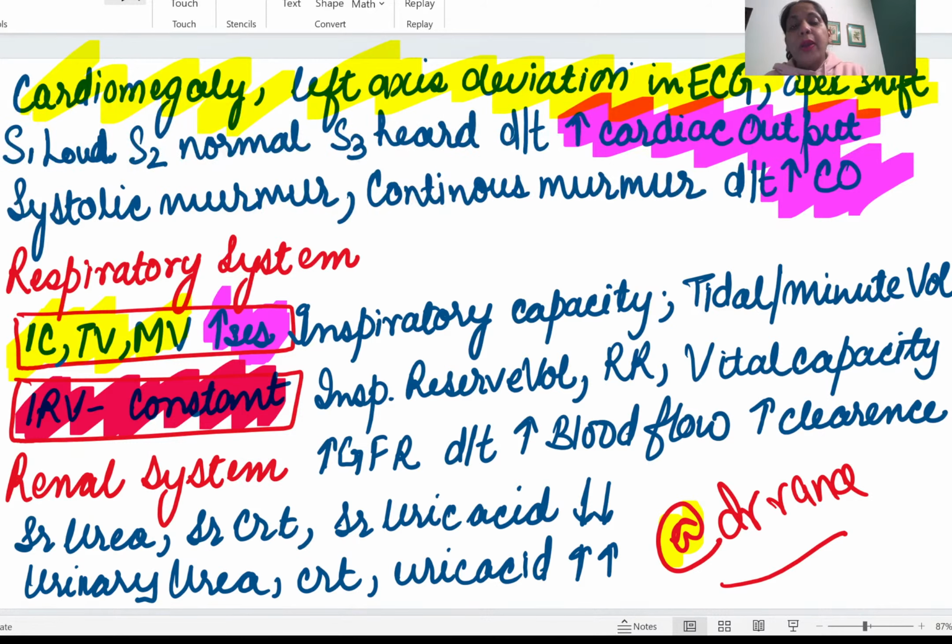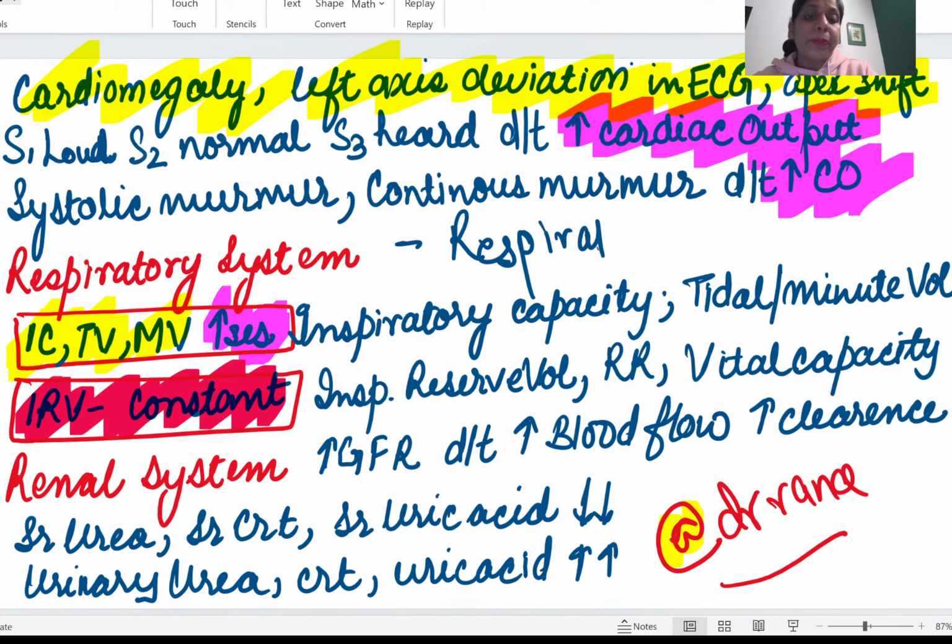The reason behind all these changes is that progesterone stimulates the respiratory center, and as a result there is respiratory alkalosis. The patient takes deep breaths and there is increased washout.